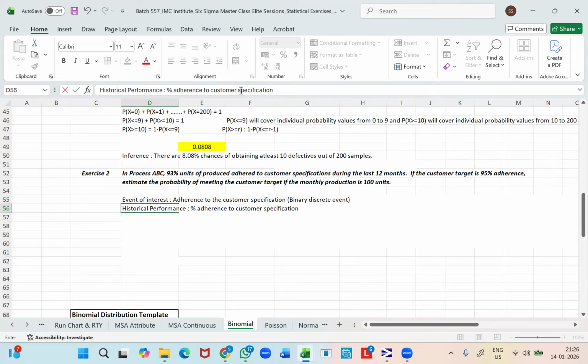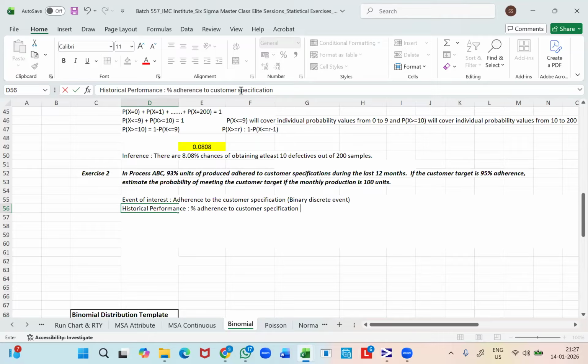So if you want to calculate this metric, what is the formula that you would apply? The numerator will have the number of units adhering to the customer specifications divided by the total number of units inspected. This formula fulfills all the three conditions that we saw for binary discrete data. So percentage adherence to customer specification is nothing but the accuracy percentage.